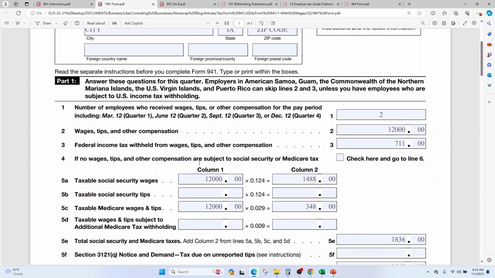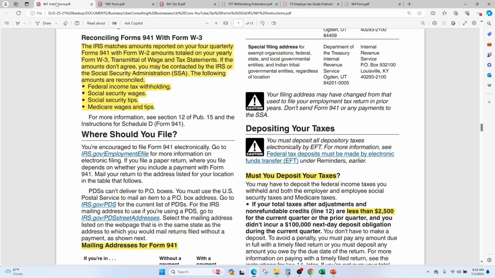Column 1 is going to reconcile line 3 of all four Form 941s that you file, and column 1 of line 5 for Medicare and Social Security wages, to see what you reported on W-3, which will be the total of the W-2s that you submitted, to see if those numbers match.